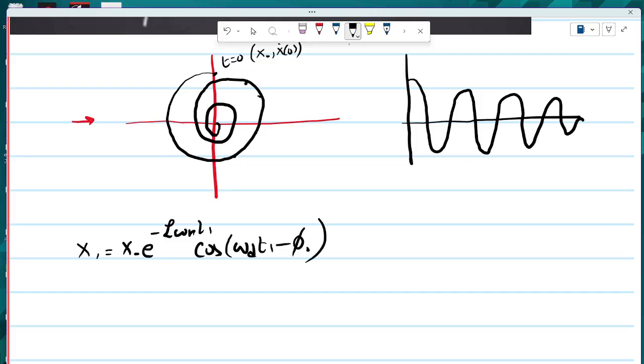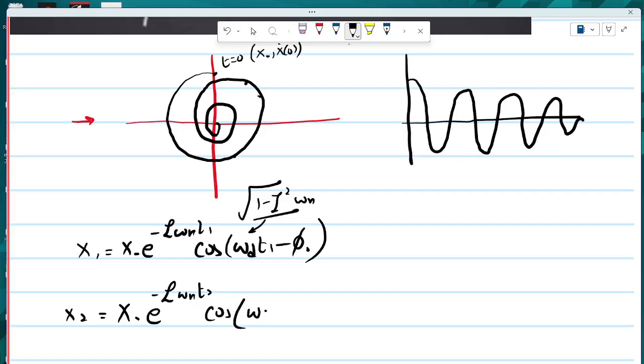We have just written square root of 1 minus damping ratio squared times omega n as omega d. So that's x1, and x2 will become x naught e to the power minus damping ratio omega n t2 into cosine of omega d t2 minus phi naught.